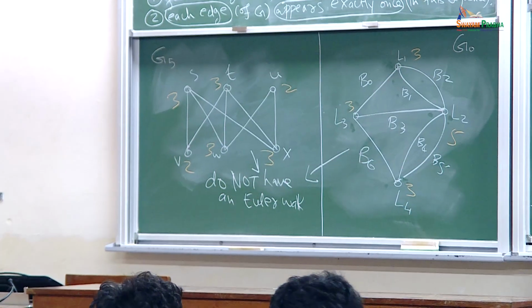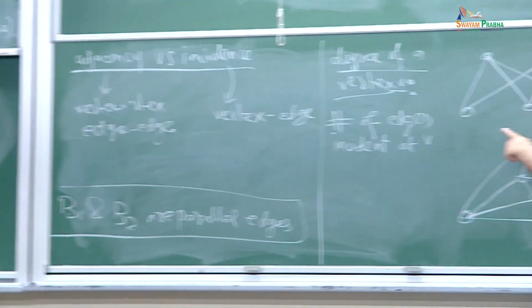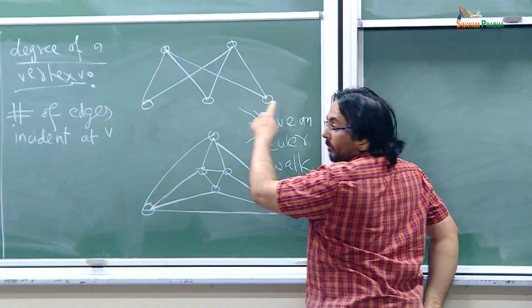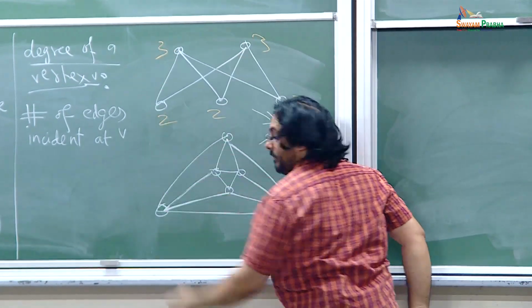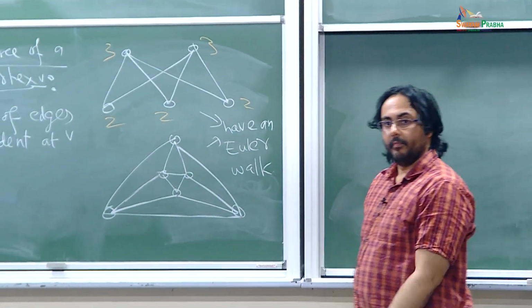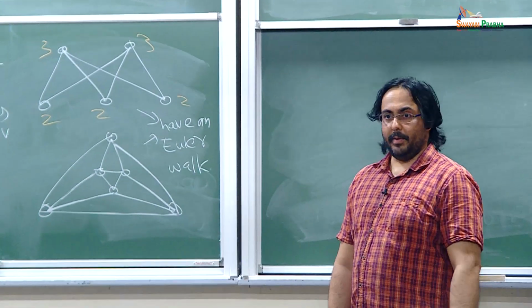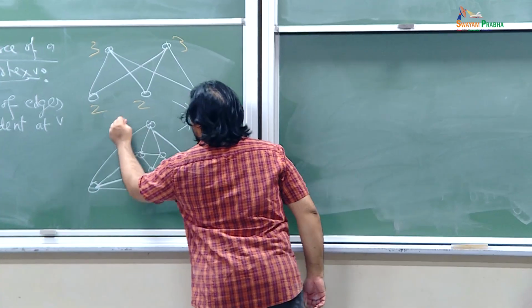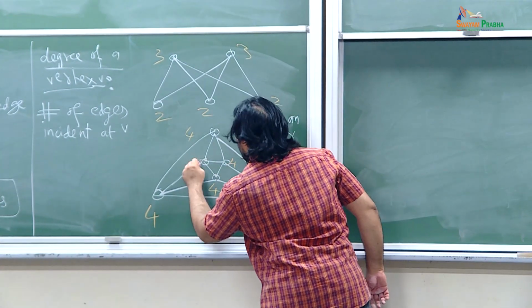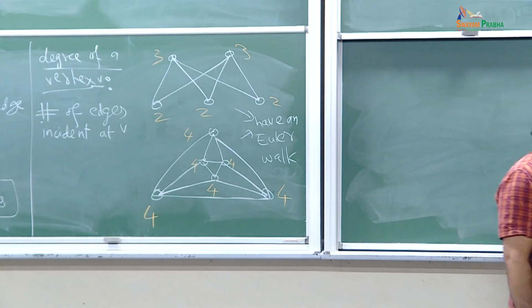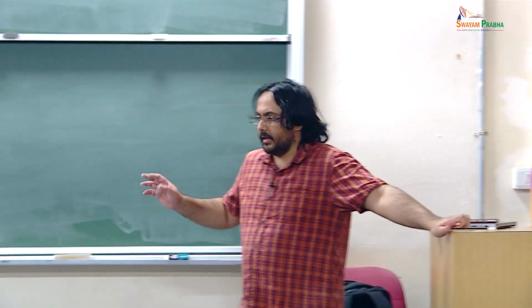And let's do these 2. What are the degrees here? The bottom is 2, top 3. And what about here? Everybody 4. Okay? So this is the degree of a vertex.